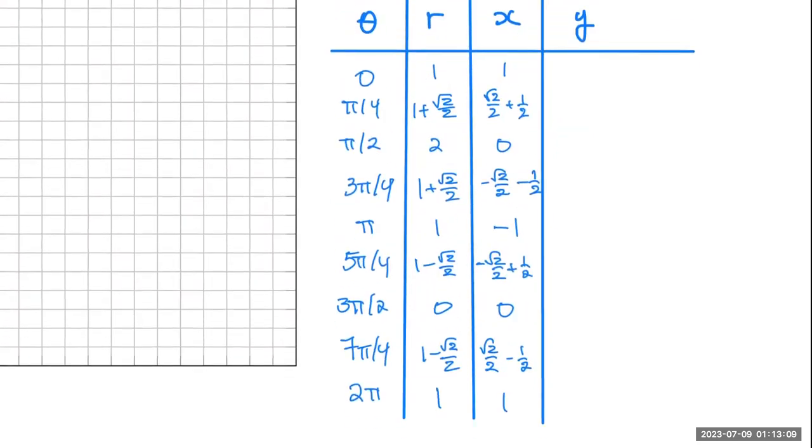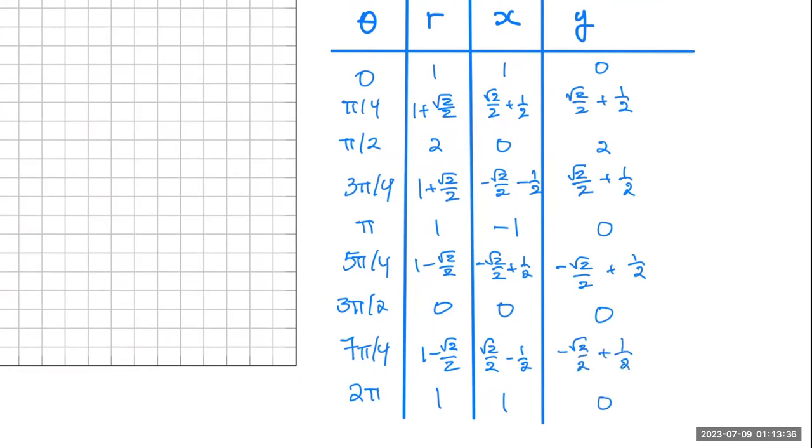And then for the y, what we should get is 0, root 2 divided by 2 plus 1/2, 2, root 2 divided by 2 plus 1/2, 0, negative root 2 divided by 2 plus 1/2, 0, negative root 2 divided by 2 plus 1/2, and then back to 0.